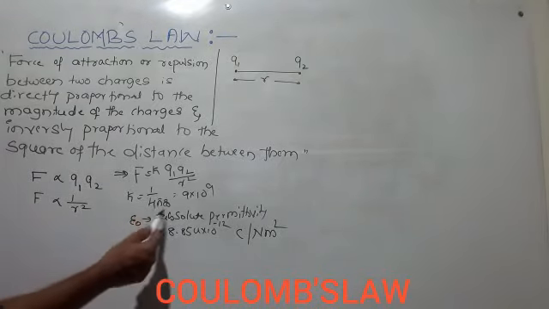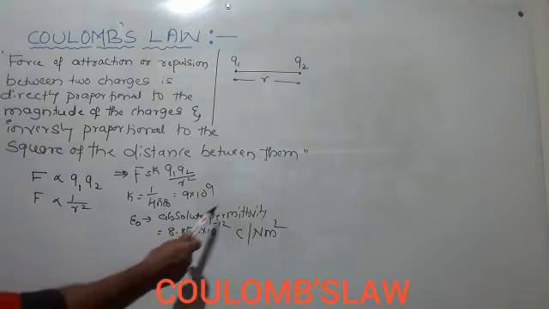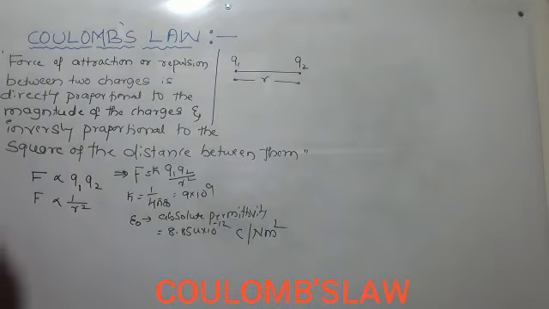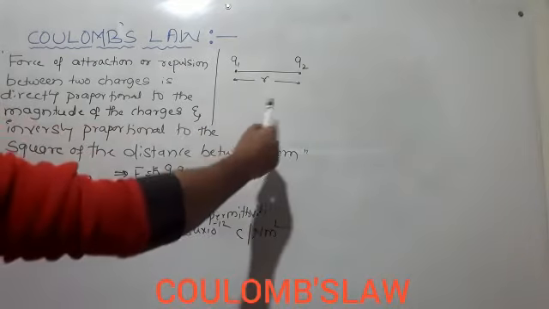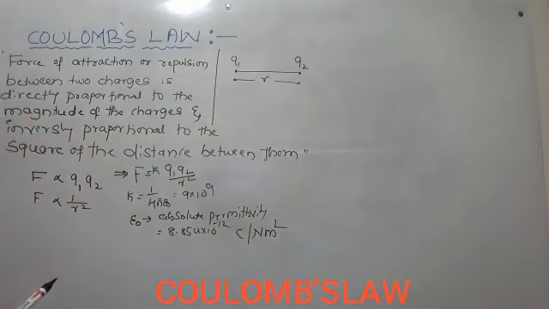That means you are using epsilon naught, that is absolute permittivity for air or vacuum. Therefore, here the medium between the two charges must be air or vacuum.